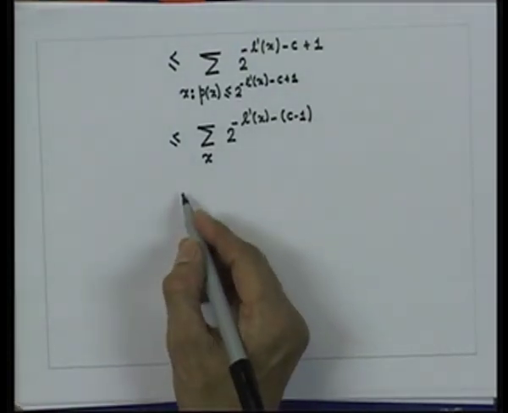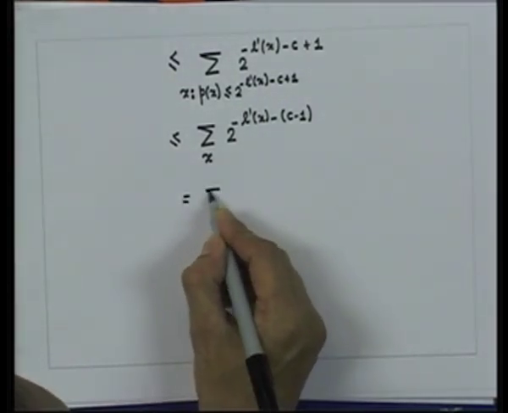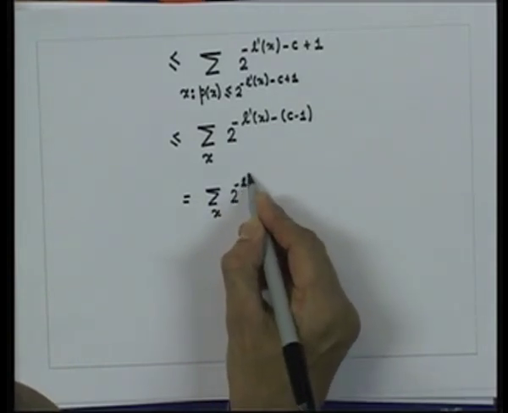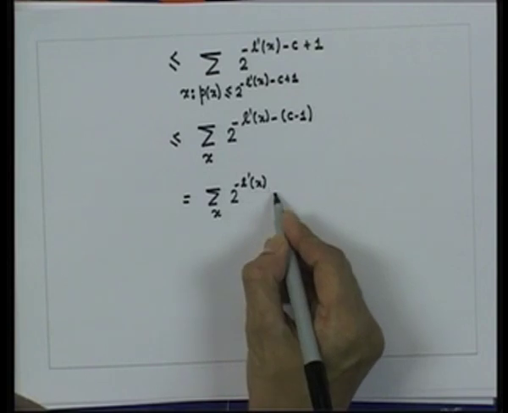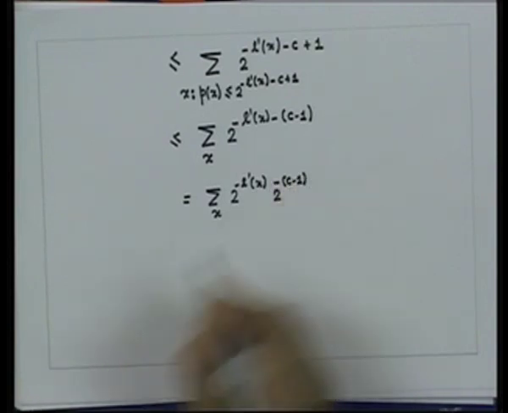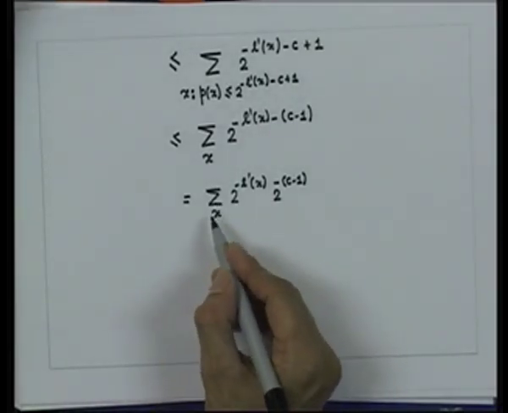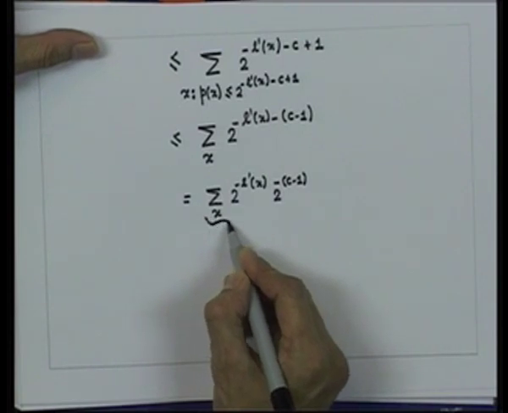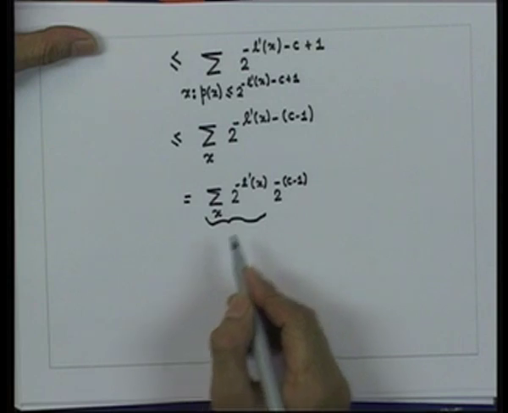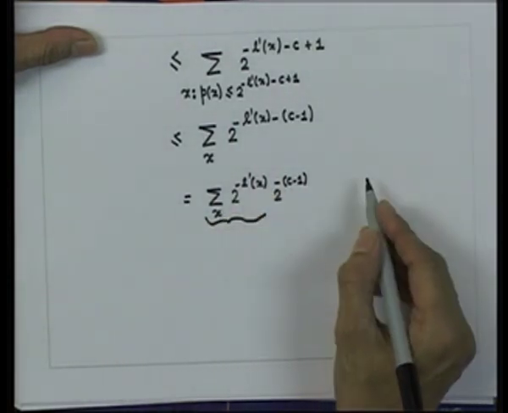So, this is equal to, now, this quantity is the Kraft's inequality.